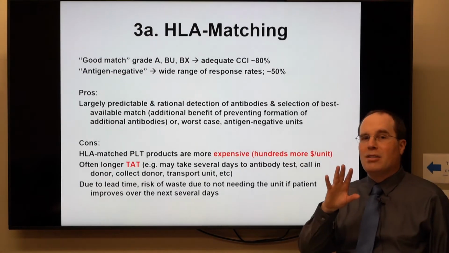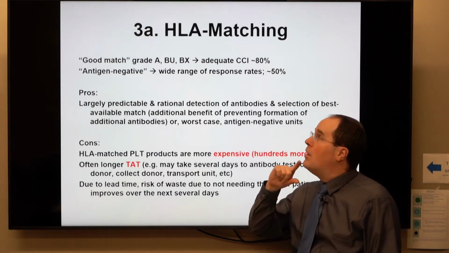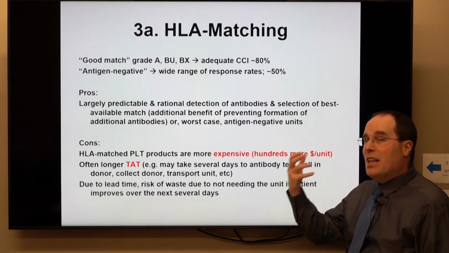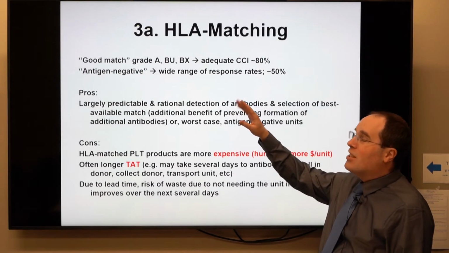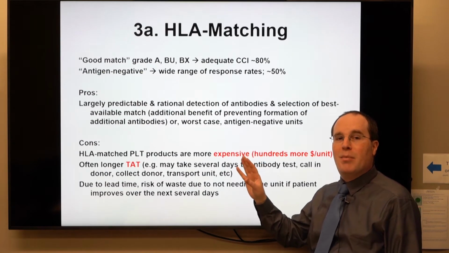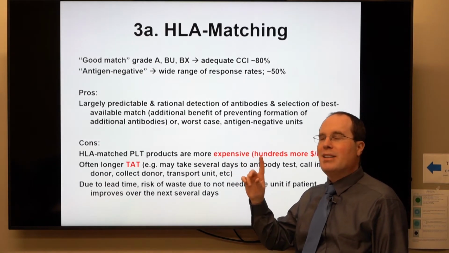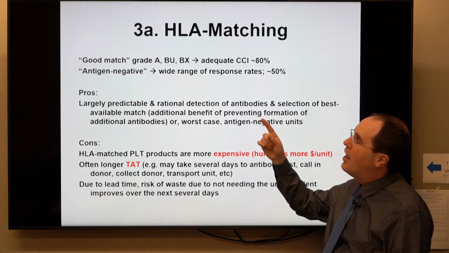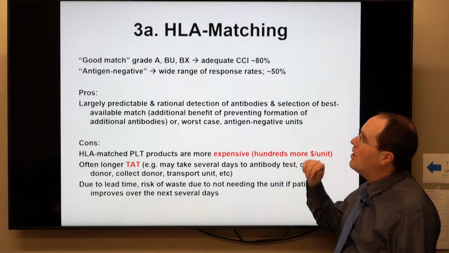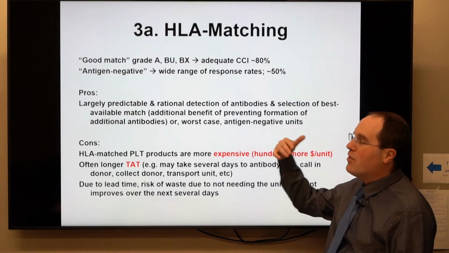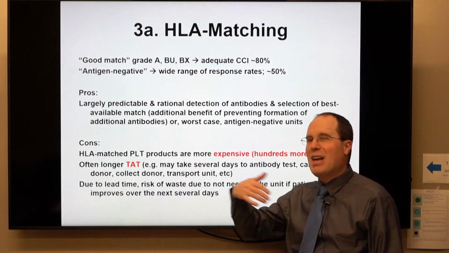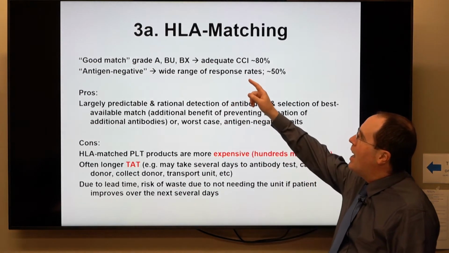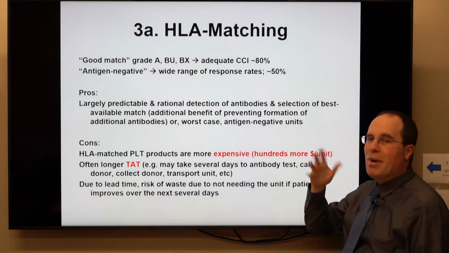So this is a little bit long slide, but hang in there, we'll get through it. So when we talk about HLA-matched platelets, there's lots to say, and this is a huge subject, but just as some highlights I think about: if you have a good matched HLA-matched platelet, that will lead to a good response with a good CCI in about 80% of cases.